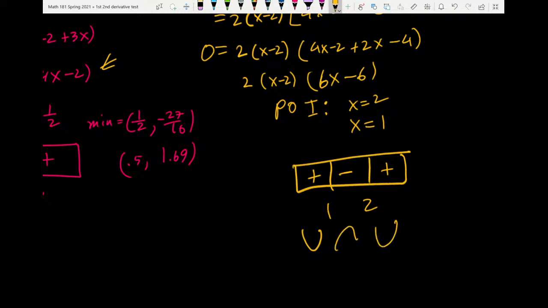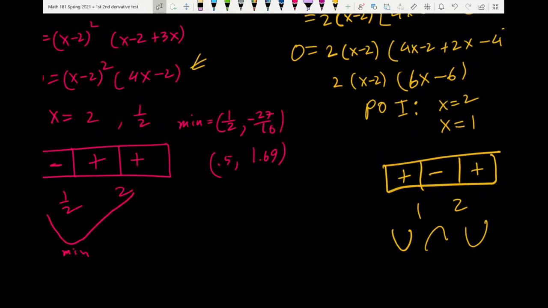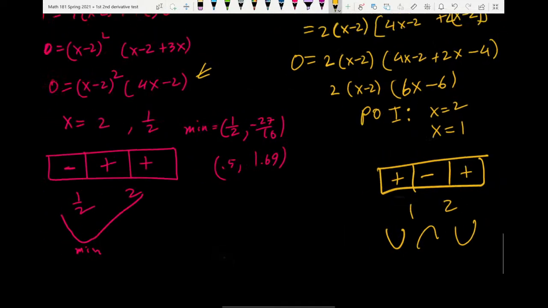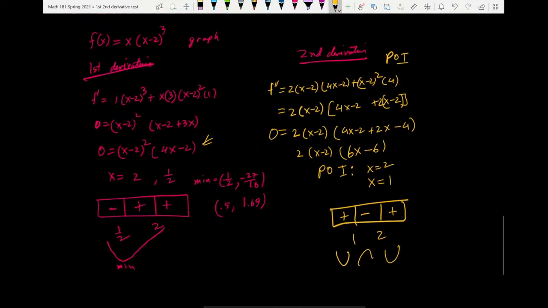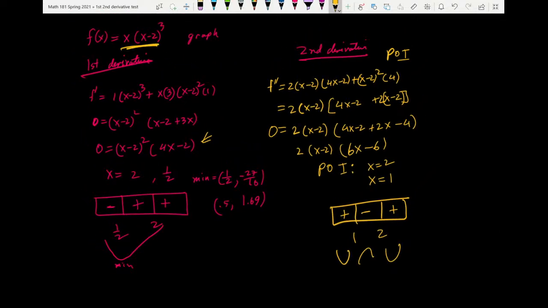So how do we graph a function? It has 2 points of inflection with just one minimum. So let's go back to the original problem. This is what? Even function. And leading coefficient is positive.